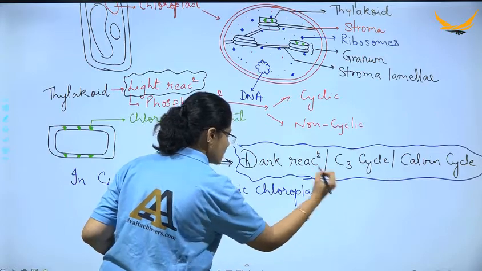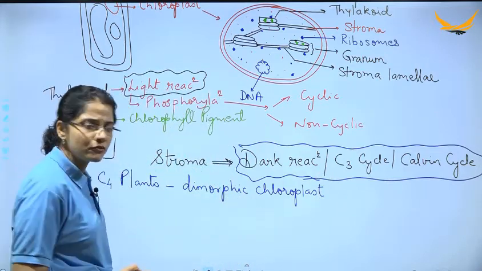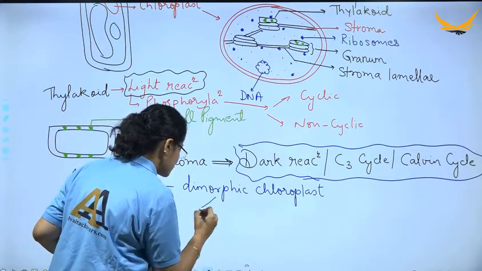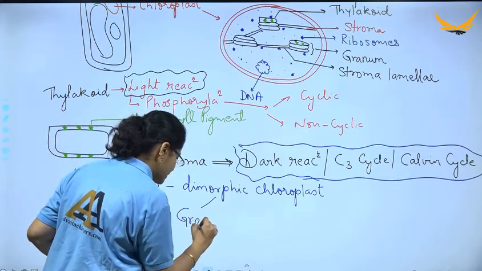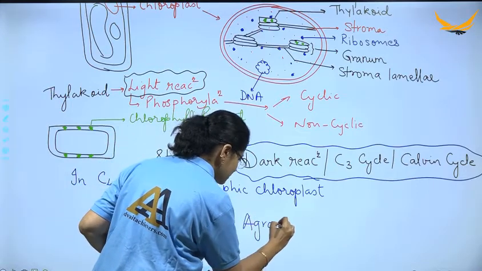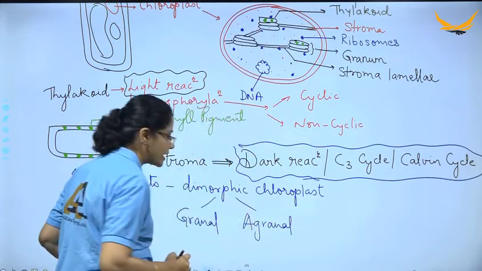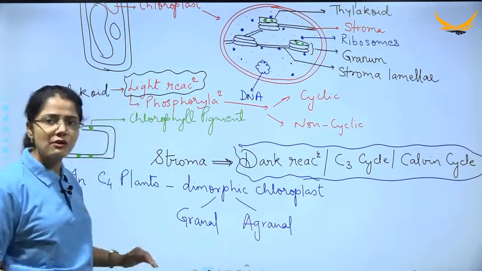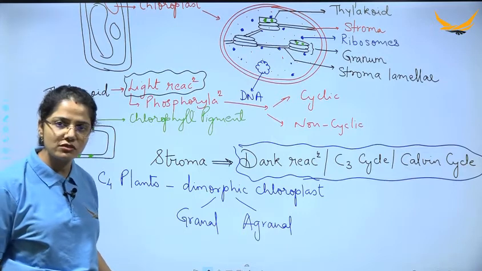Okay, this dimorphic chloroplast means they exist in two forms. ठीक है, and those two forms are granule and agranule. All right, it is granule and agranule. And this all we are going to discuss in detail in our next videos, right?